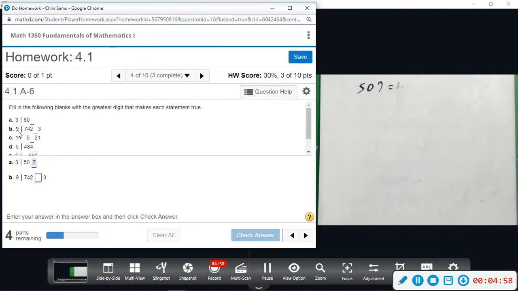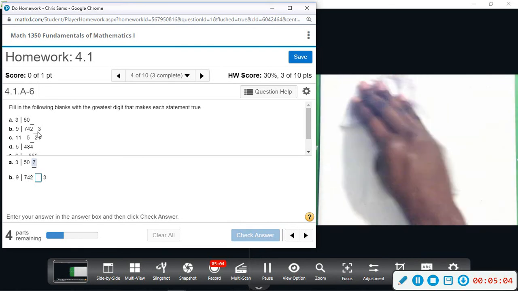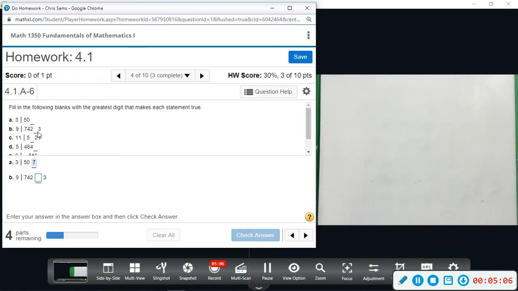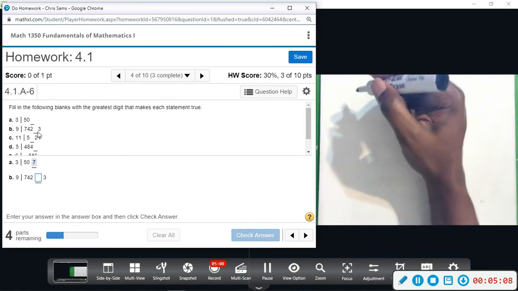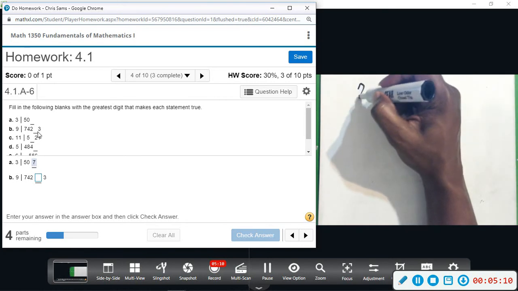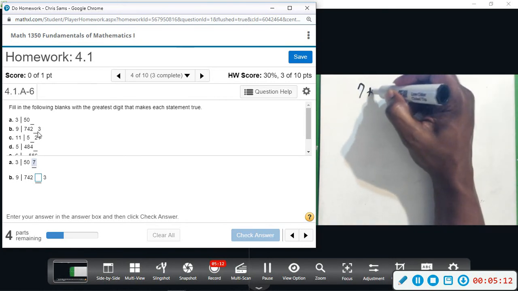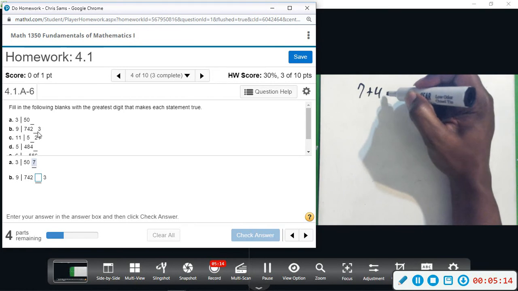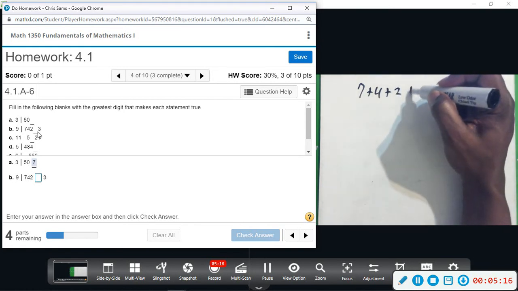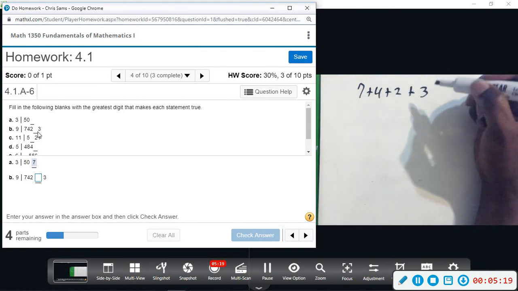Okay, so now 9 divides this number. So I want to get something that's divisible by 9. I'm going to do it this way this time. It doesn't matter what position it's in. We're going to be adding up the digits. 7 plus 4 plus 2 plus 3.